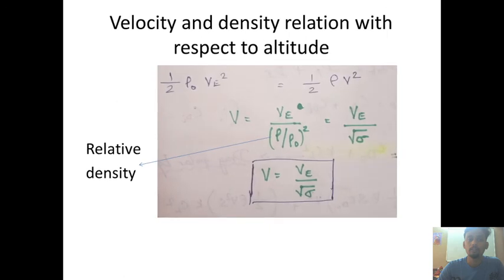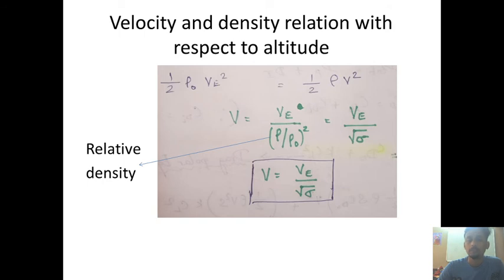Now let us see the velocity and density relation with respect to the altitude. The velocity density relation is that the dynamic pressure half rho naught VE squared is equal to half rho V squared, where V is equal to VE by root of rho by rho naught, and rho by rho naught is nothing but the relative density sigma.